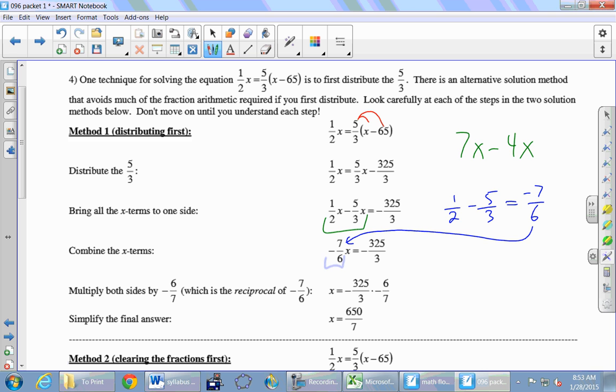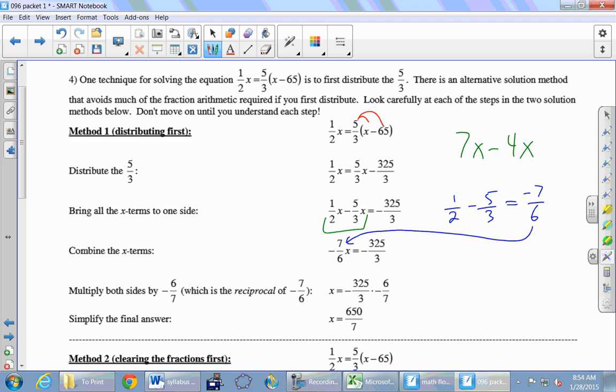You guys know this technique of multiplying by the reciprocal? So we're going to multiply both sides by -6/7. And that's going to have the effect of getting rid of that -7/6. And then that gives me one more thing with fraction arithmetic to do, and that's multiplying those two fractions together, which gives me 650/7. Not the easiest problem to see, especially not on the first day of a math class.